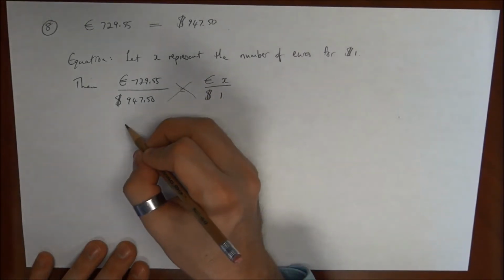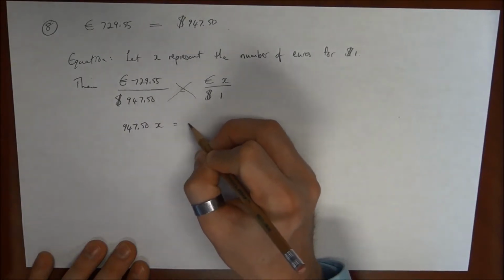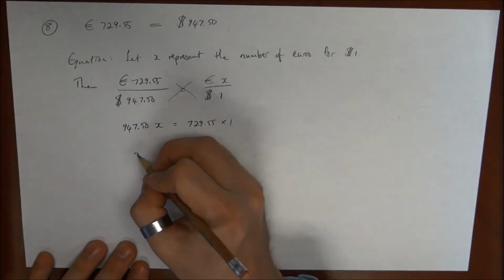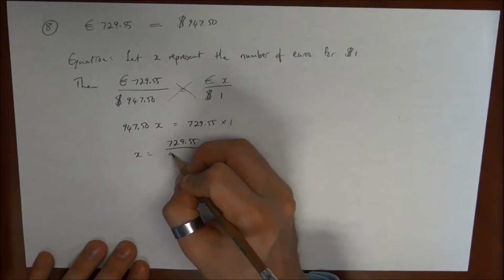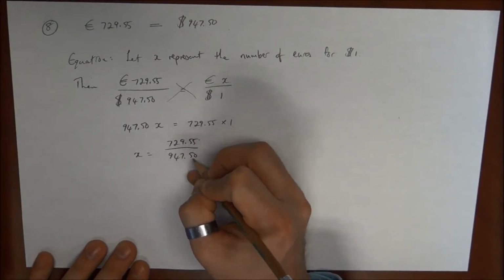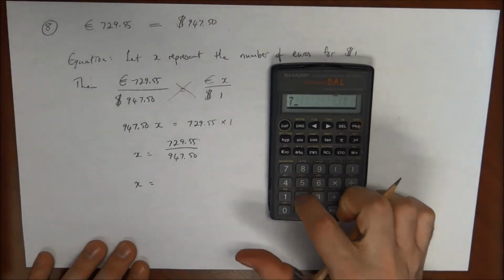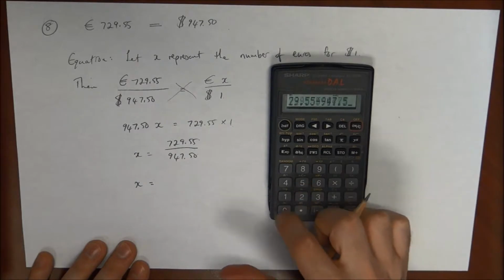Cross multiply to get 947.50x equals 729.55 times 1. So x is equal to 729.55 over 947.50. x is equal to 729.55 divided by 947.50.